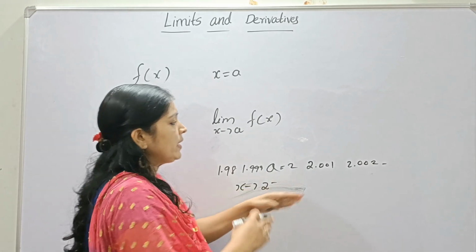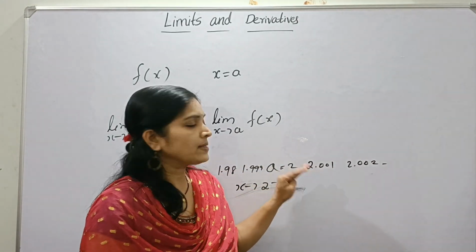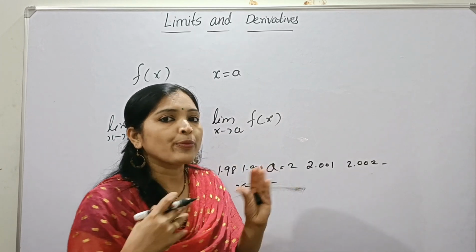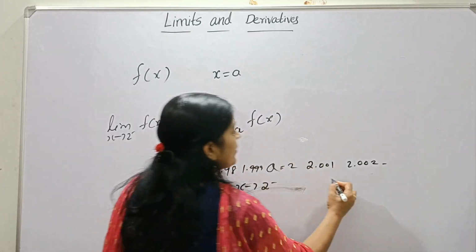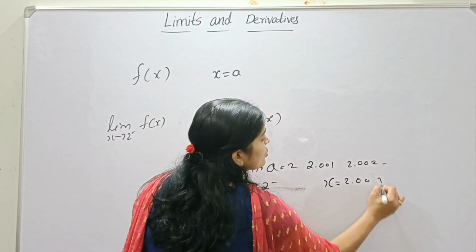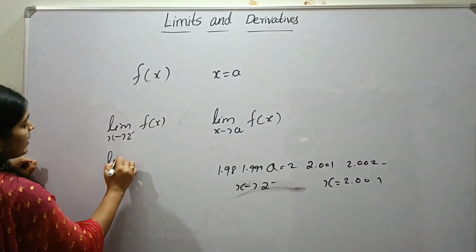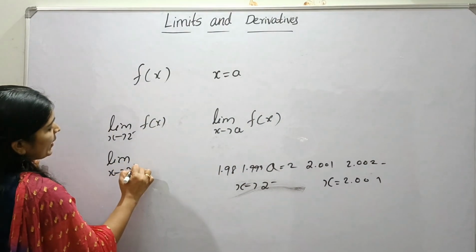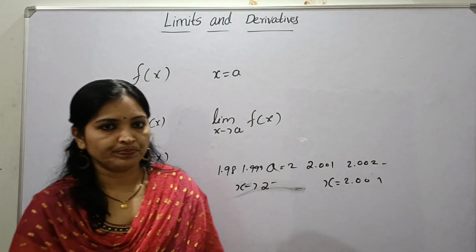Next, when the value of x is greater than 2, approaching from the right side of 2, for example x is 2.001, we write limit x tends to 2 plus f of x. This limit is called the right hand limit.